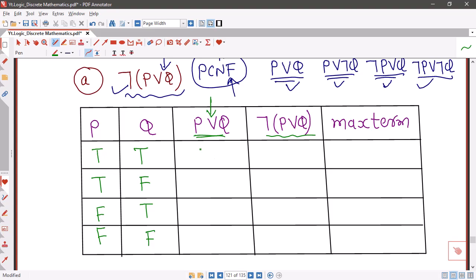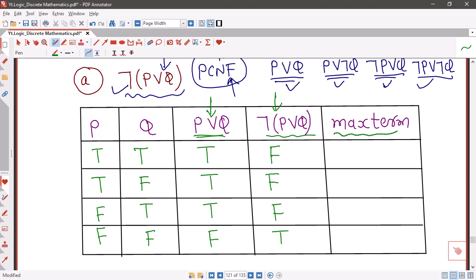So in the first case both are true, therefore this is true. Here P is true, therefore this is true. Here Q is true, therefore this is true, and here both are false, therefore P or Q is false. Here we have to write negation of P or Q. So here I have true, therefore I have false here, same thing for this also, and here I have F, so I am writing true.